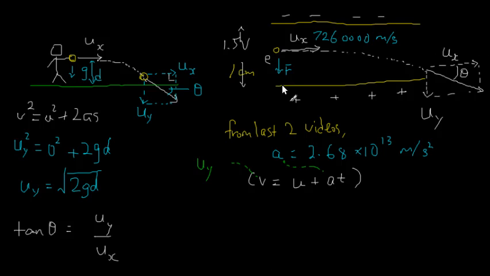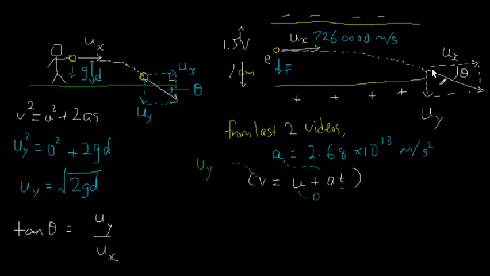And u is the initial vertical velocity, which is 0 because initially the velocity is purely horizontal. So this is 0. Okay, so all that remains now is to find t. If I know t, I can find uy.